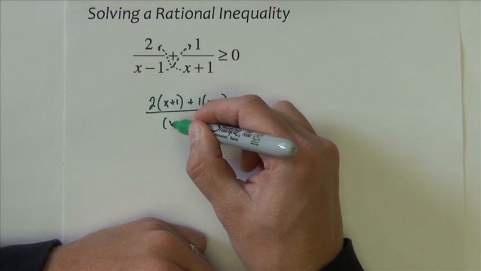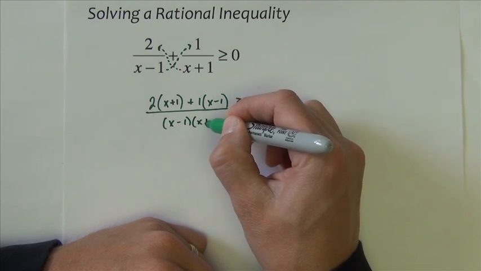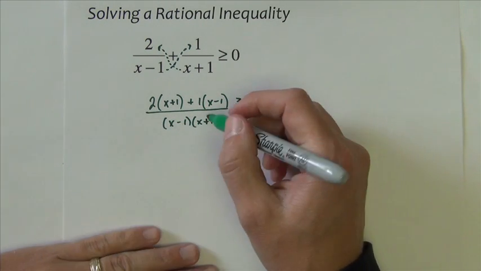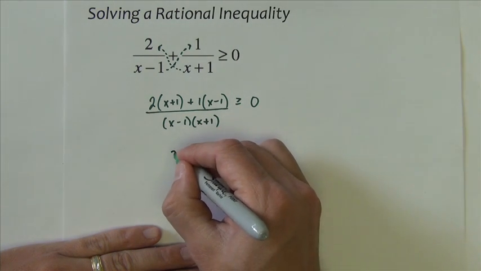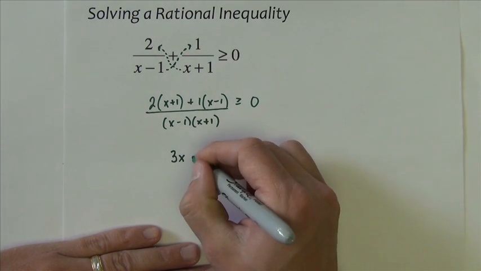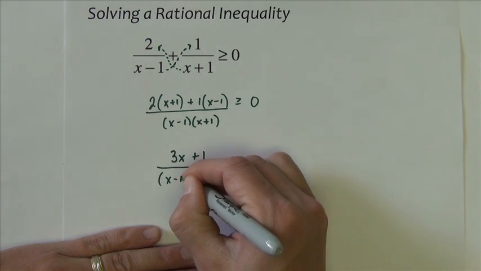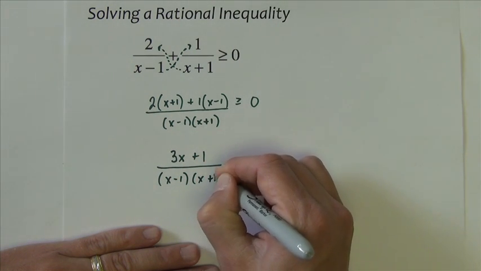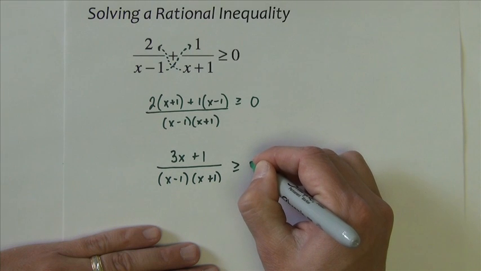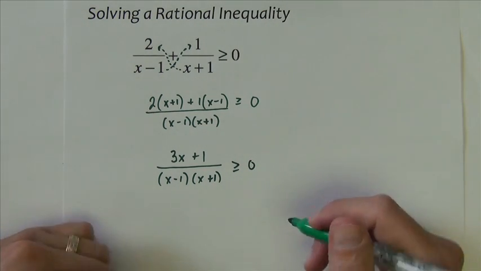And we have here x minus 1, x plus 1. So the numerator becomes 3x plus 1 over x minus 1, x plus 1, greater than or equal to 0.